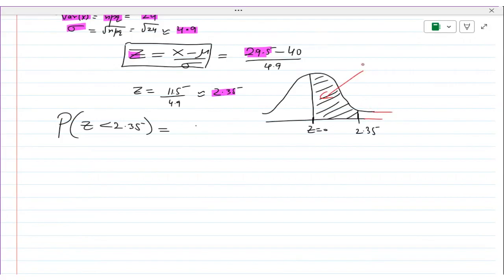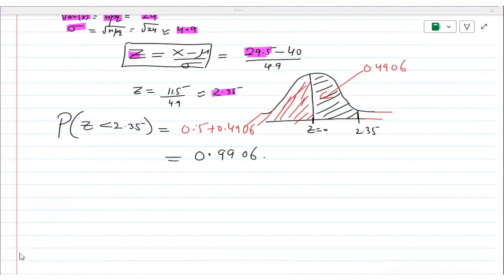This is 0.4906, and we have to find this left side. You know that this is half till 0, so 0.5 plus 0.4906. If we add this, we will get 0.9906.